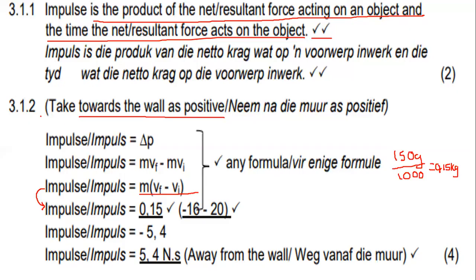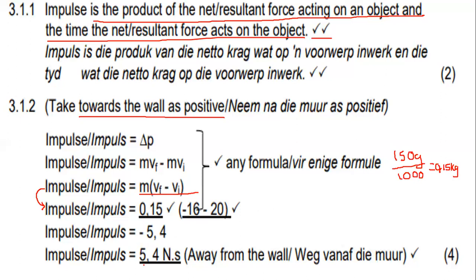And remember, it was going away from the wall. So away from the wall will be negative. Minus, remember this minus comes from the formula. Then the initial velocity is the velocity before it collided with the wall. And it was 20 meters per second. And we substituted as positive because we said we are taking towards the wall as positive.